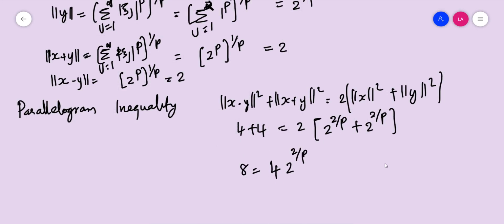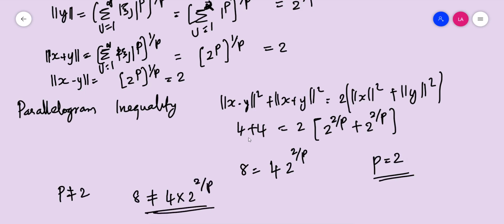This equality only holds when p is equal to 2. In all other cases, when p is not equal to 2, 8 is not equal to 4 times 2 raised to 2 by p. So the parallelogram identity does not hold.